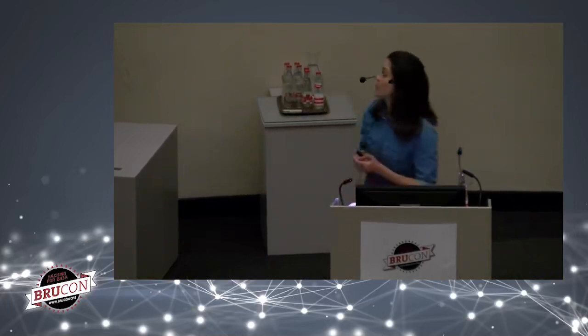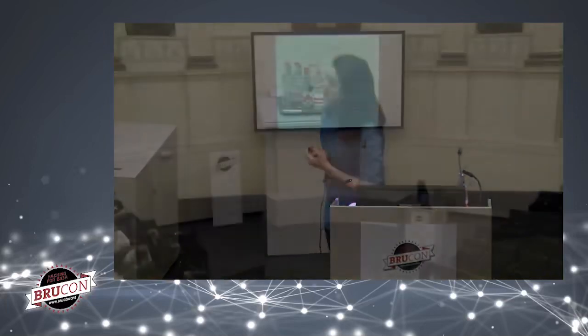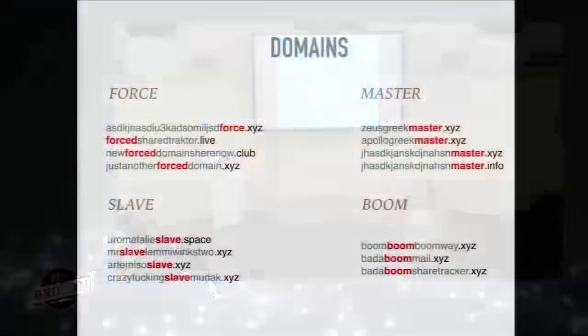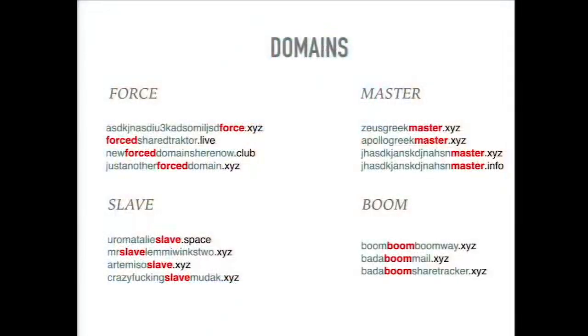So we were able to obtain different command and control servers of the SATA bot, and we noticed some patterns. First, we called it the lazy admin approach, because we found out that all of these categories have a repeating word. We divided them into 4 groups: force, master, slave, and boom.